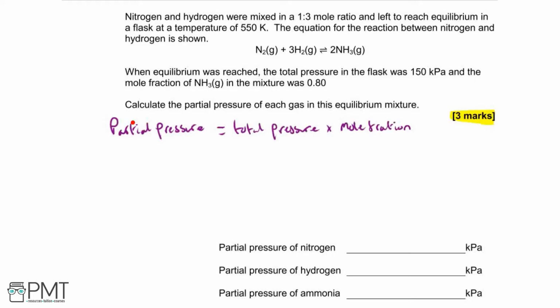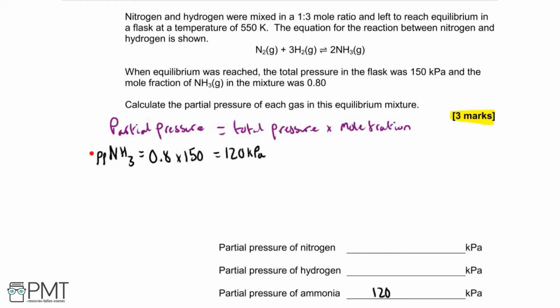To begin with, we already have the total pressure value and the mole fraction of ammonia, so we can immediately calculate the partial pressure of ammonia by simply doing 0.8 multiplied by 150. This is going to get us a value of 120 kilopascals. So we can fill that in our answer.